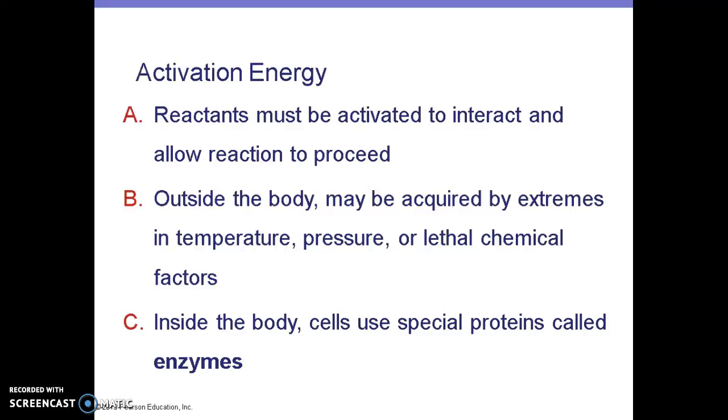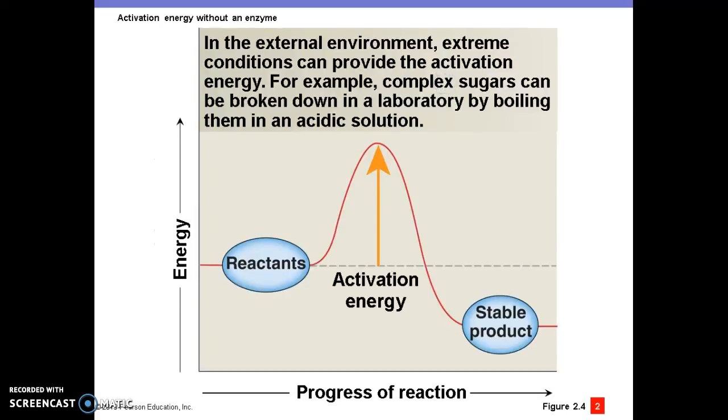These are proteins, and these enzymes allow reactions to occur by actually decreasing this activation energy. Remember, the activation energy is the energy needed to get a reaction to go. And here, there's a lot of energy needed to get these reactants to form the stable product.